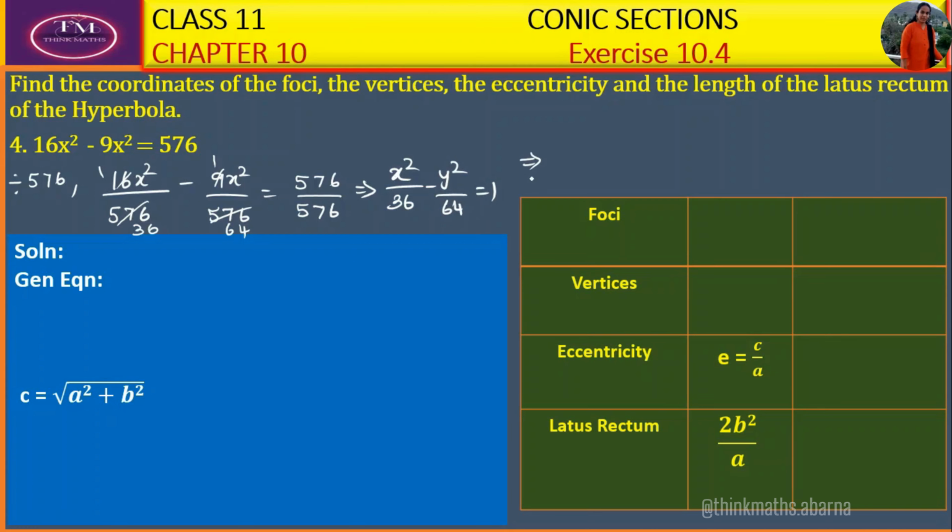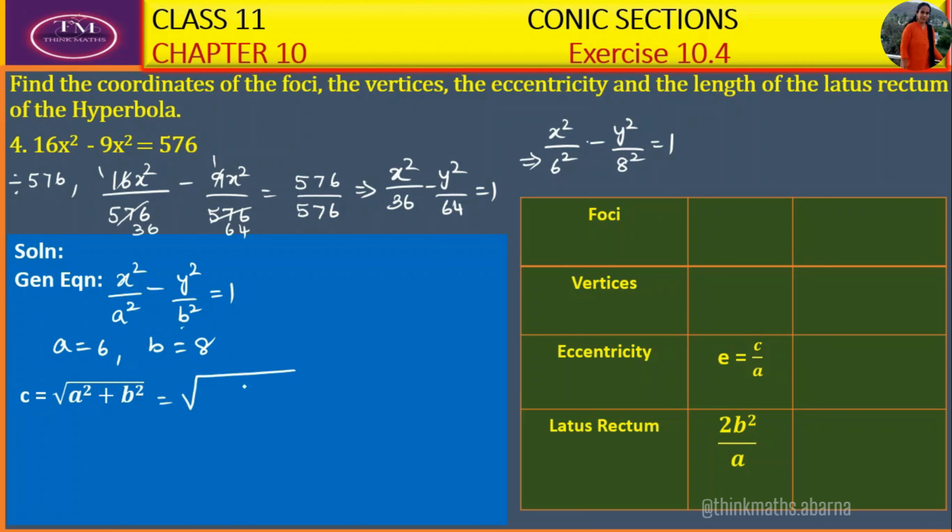So this is of the form x square by 36, which is 6 square, minus y square by 64, which is 8 square, equal to 1. So this is of the form x square by a square minus y square by b square equal to 1. If you compare these two equations, a will be equal to 6 and b will be equal to 8.